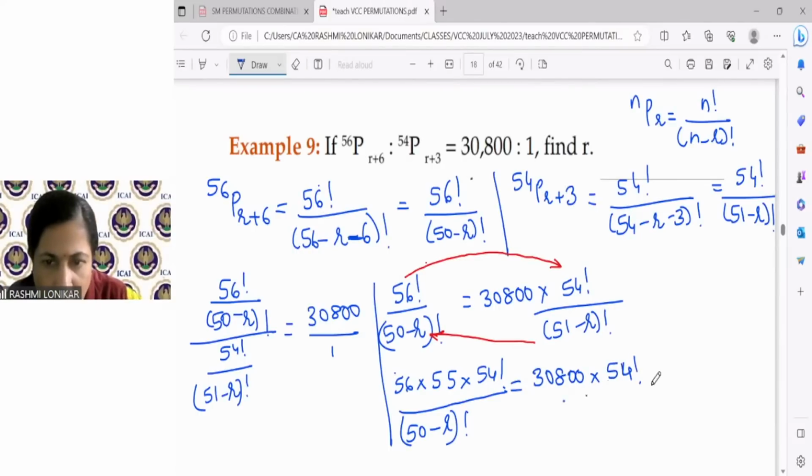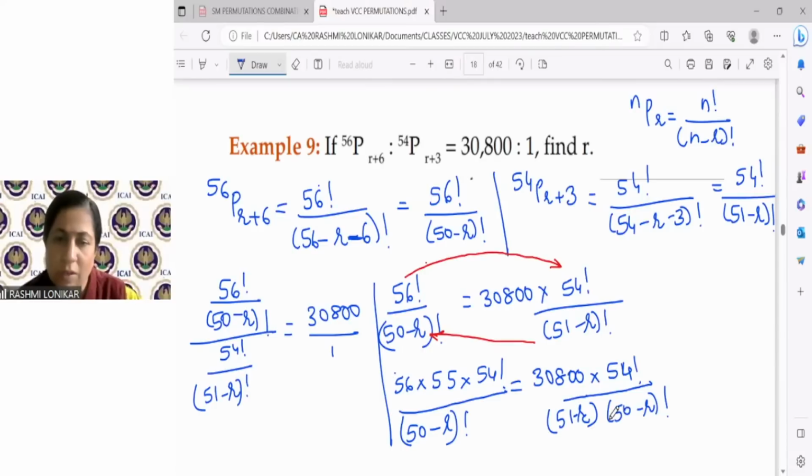Now this is the bigger number to smaller. (51 minus r) factorial can be written as (51 minus r) into (50 minus r) factorial. Why? Because n factorial can be written as n into (n minus 1) factorial.